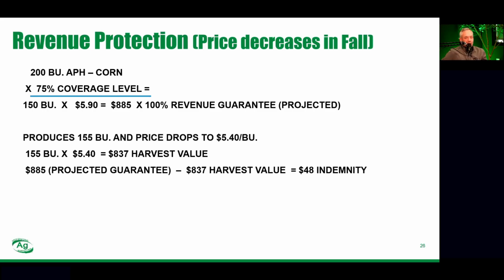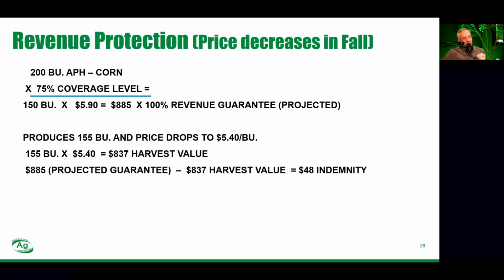If I combine 155 bushels an acre, I'm going to multiply it by our harvest price to determine our harvest value of $837. So based off our guarantee in the spring, we were guaranteed $885. We harvested $837 of crop. That's a $48 indemnity.